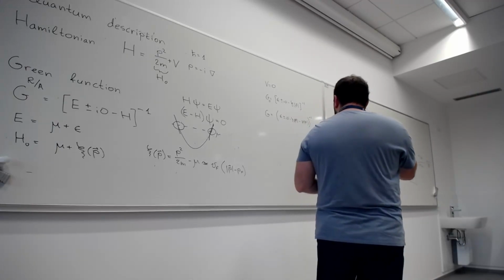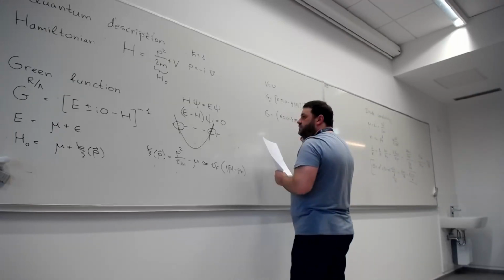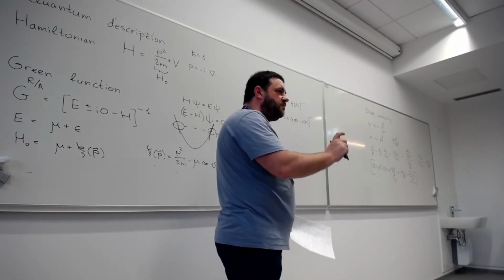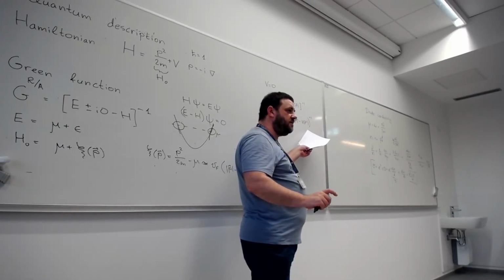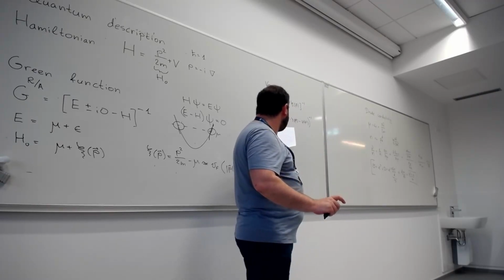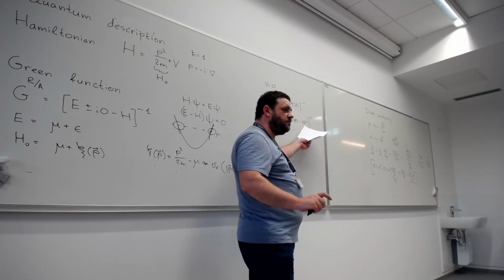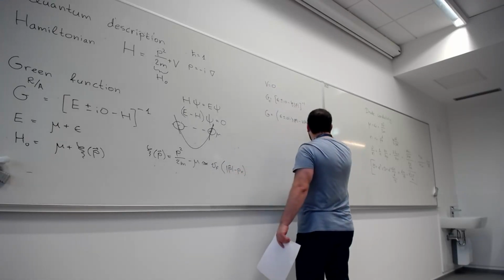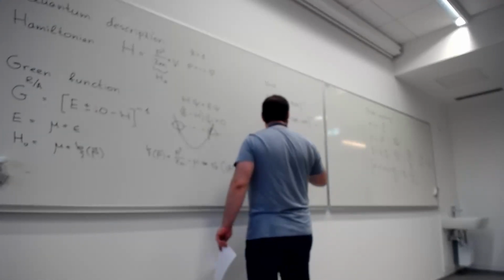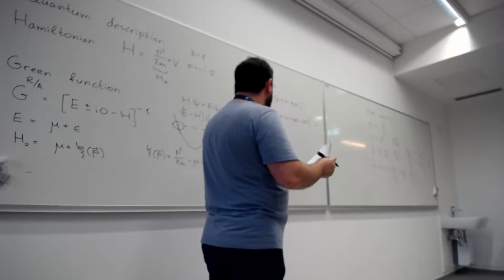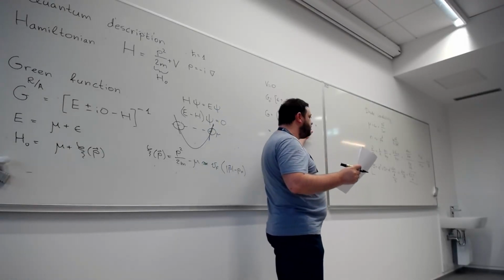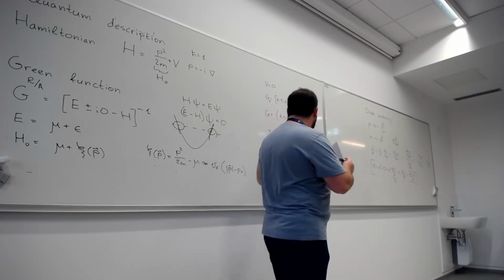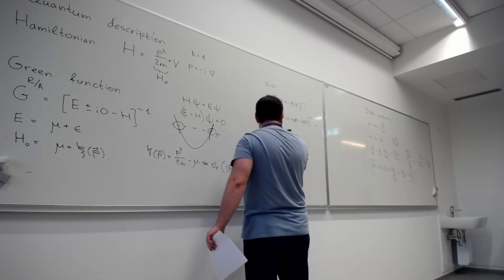So what we do is perturbation theory. We assume that this V is a small correction to the rest. And we will expand this Green function in a power series of V of r. In doing so, if we just remove V of r completely, we go back to the clean Green function, G0.